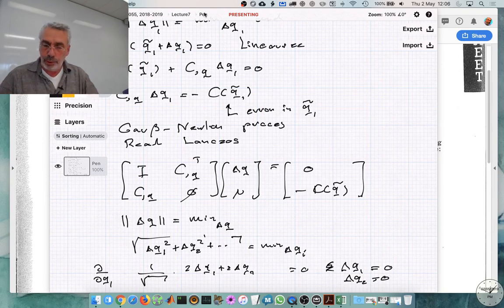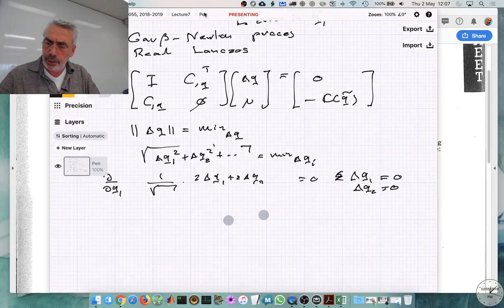And that's obvious, because if this should be minimal with respect to the delta Q's, the minimal distance is if everything is 0. However, in taking this variation, we also have to take into account that we have constraints. So we get this times this is 0, but we also have to add lambda times our Jacobian. That's how the constraints come into the equation, and that's how we get this 0 equation.